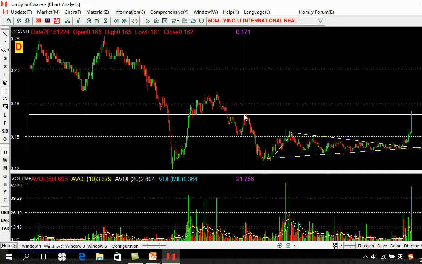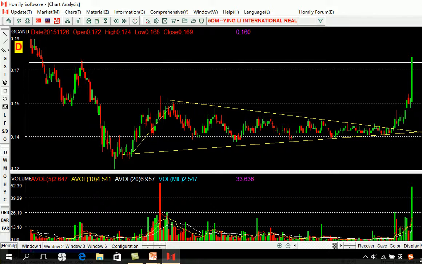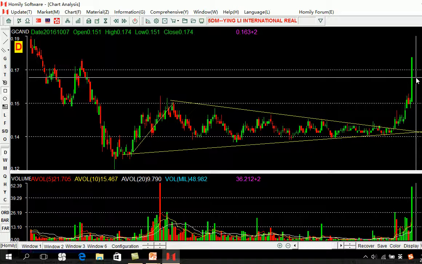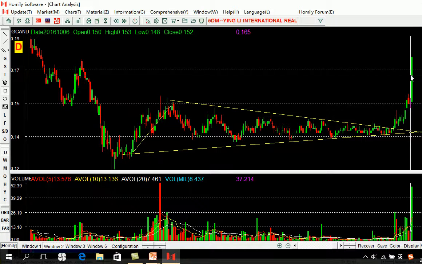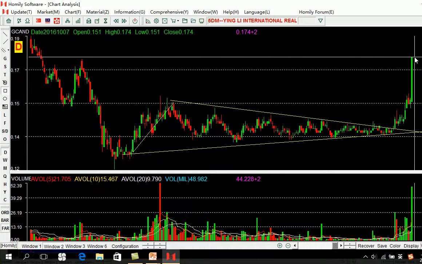So we see here, if you want to know where the resistance for the price is. Then we can see here, the price moved up, you can see this is a big bullish candlestick, right? So maybe for next Monday, the price has two possibilities.